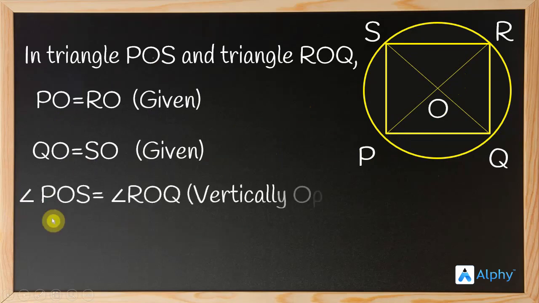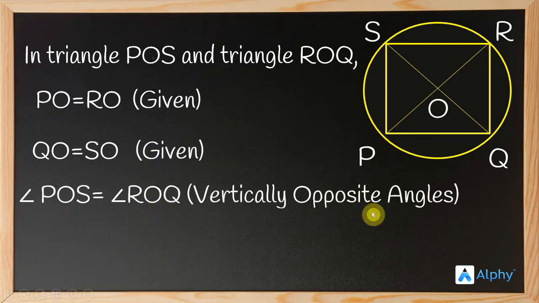Next, we have angle POS is equal to angle ROQ, which are vertically opposite angles. So we know that vertically opposite angles are always equal to each other, and we have here angle POS, you can see this one, and angle ROQ, which is this one, and these are equal.